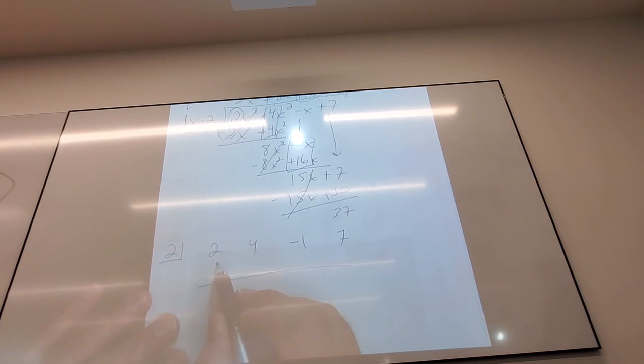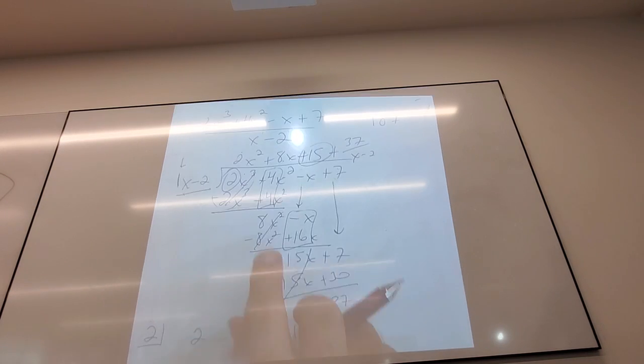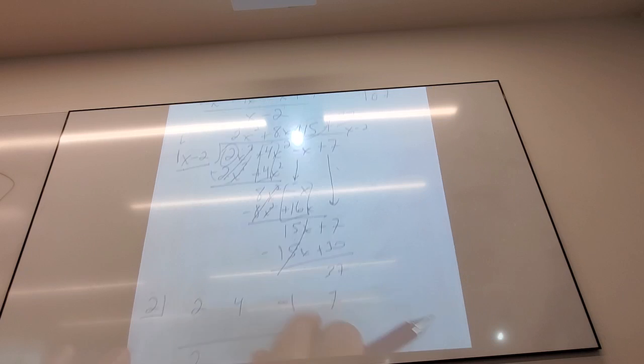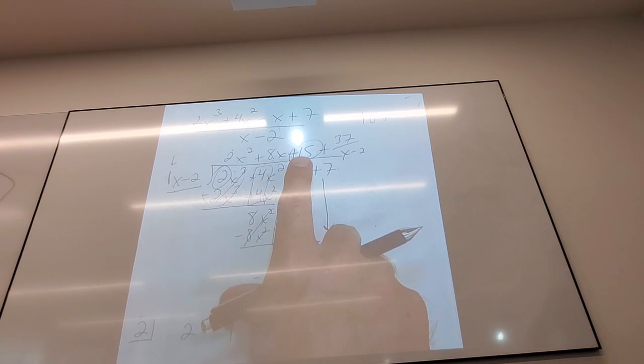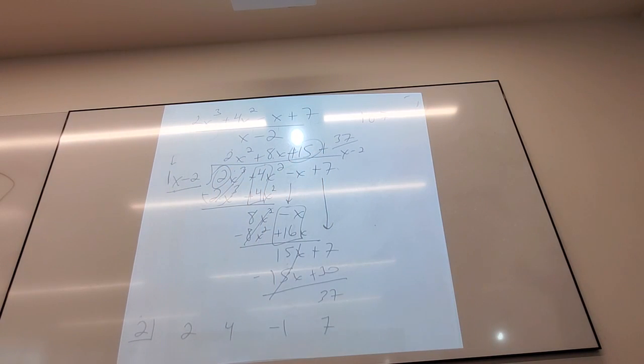So to get this started, I'm just going to bring the 2 down. This row is going to be my answers, the coefficients of my answer. So at the bottom here, I better get 2, 8, 15, 37. The coefficients of my answer, yes?